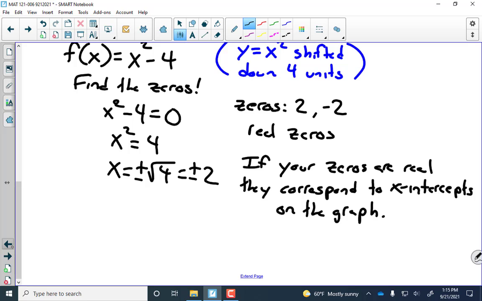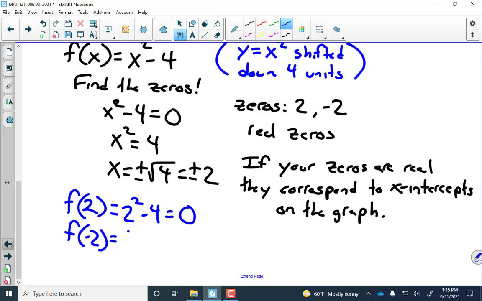If you find the zeros of an equation, and your zeros are real numbers, then you didn't only find 2 zeros, you found x-intercepts on the graph, because if I plug either one of those zeros into the original function, I of course get an answer of 0, because that's what a 0 is. But those directly correspond to 2 ordered pairs on the graph itself.